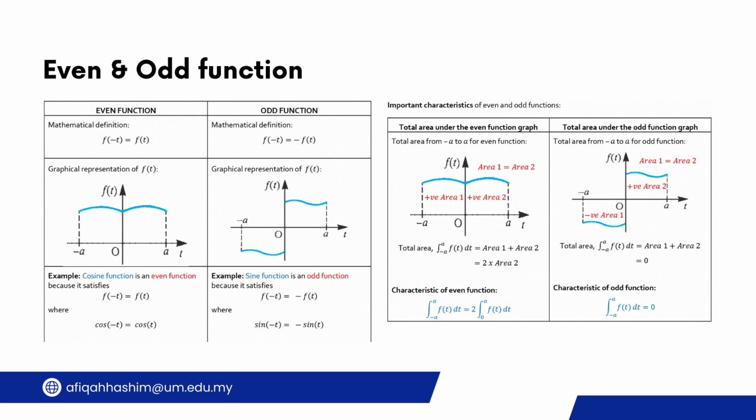Okay, for the odd function, the mathematical definition is that f of negative t is equal to the negative of the function f of t. So it is actually the negative of the function on the negative side.